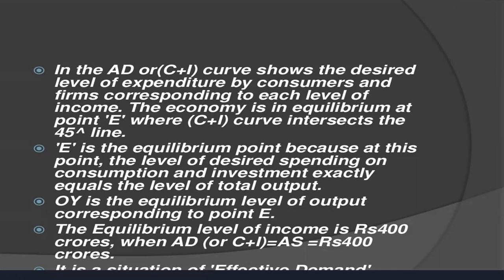We know that AD is the sum of consumption plus investment, and AS equals consumption plus saving. So substituting, C plus S equals C plus I, which means S equals I.